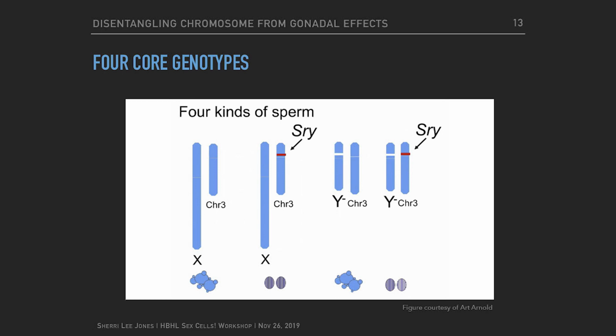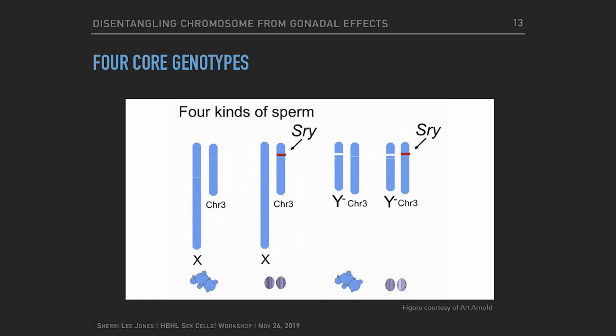So this is your typical female, or I guess X sperm. This is just the X chromosome with the chromosome 3, typical. If you were to mate that with a female mouse, you would get offspring with ovaries. There's a type of sperm that would have the X chromosome and the SRY gene implanted on the autosome, like chromosome 3.